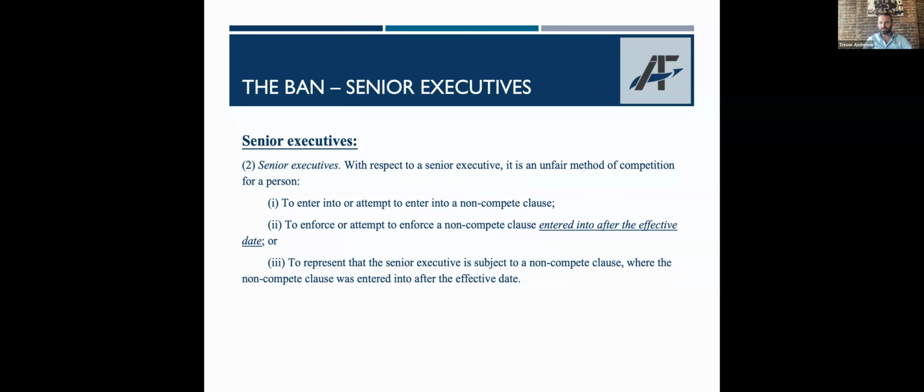So that's the big distinction. You still won't be able to enter into a non-compete with a senior executive after September 4th, or the effective date, but anything that's in existence now, or anything that's entered into between now and the effective date, would be enforceable. What is a senior executive, you ask? Well, that's a great question.